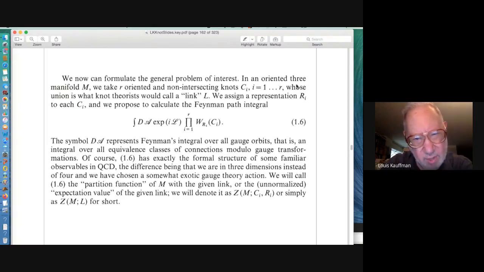He's going to look at gauge fields on three-dimensional space, and he's going to evaluate the knots or knot components. In this case, it's written so that the C_i are the components of some link. And each link component is going to be evaluated by a Wilson loop.